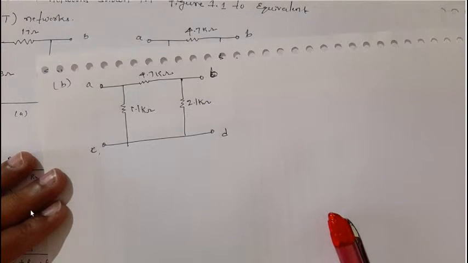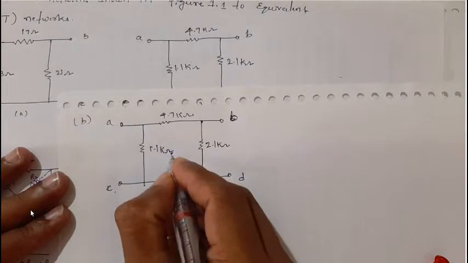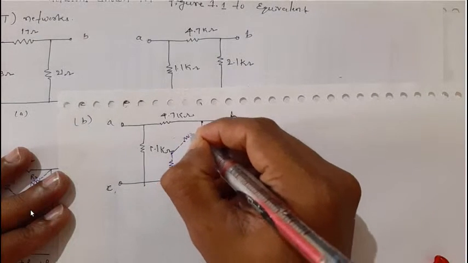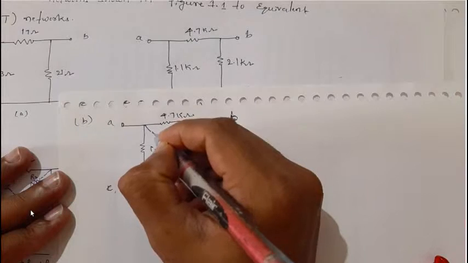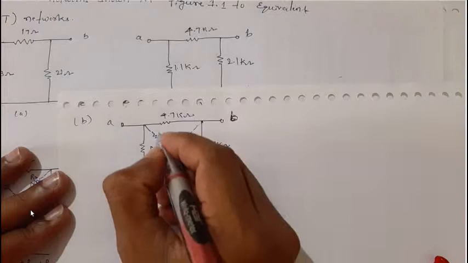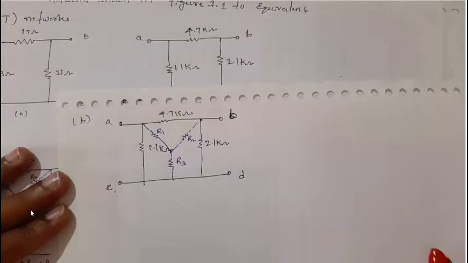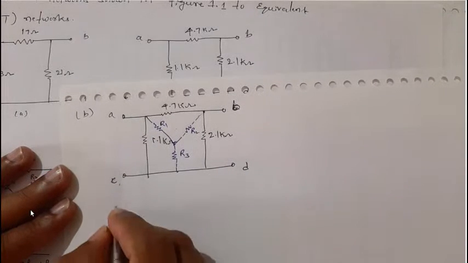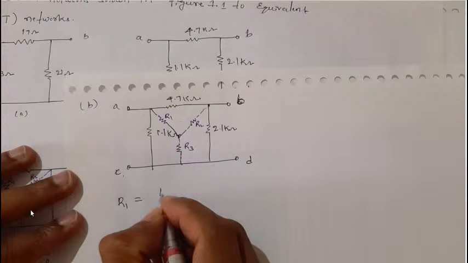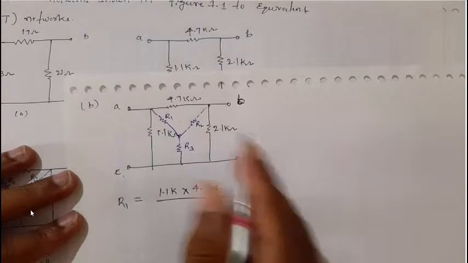How do I convert? Here itself, I will draw one resistor here and another one here. Let me call the resistances R1, R2 and R3. As usual, R1 is equal to the two nearest resistances, 1.1k into 4.7k, divided by all the resistors.